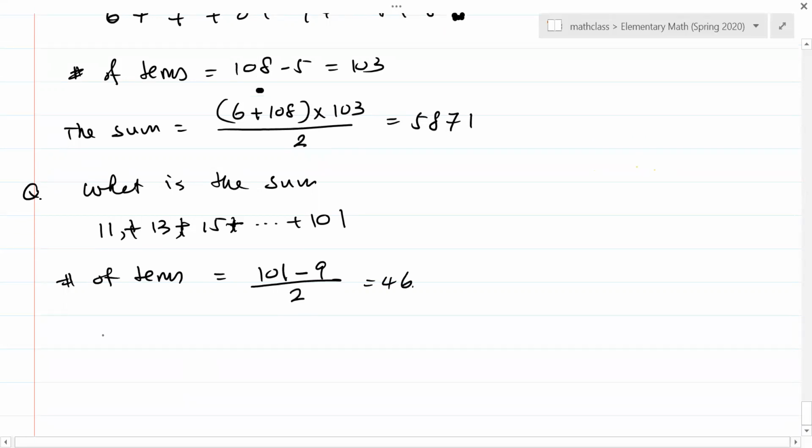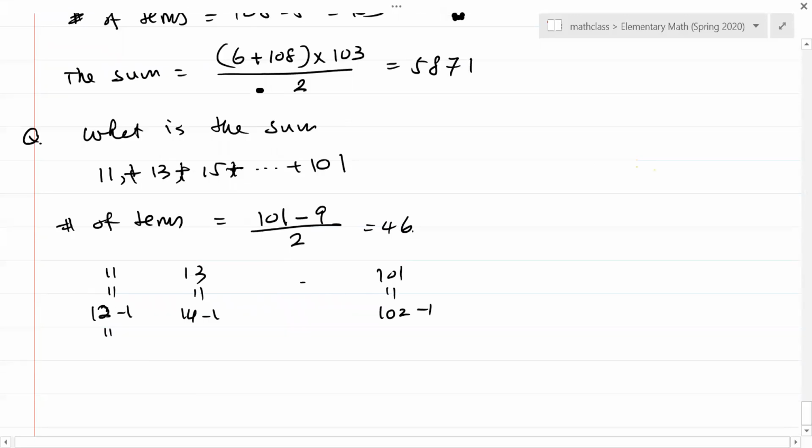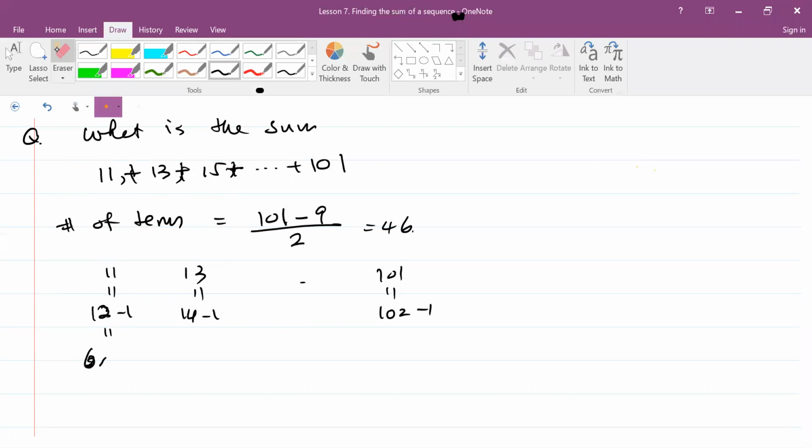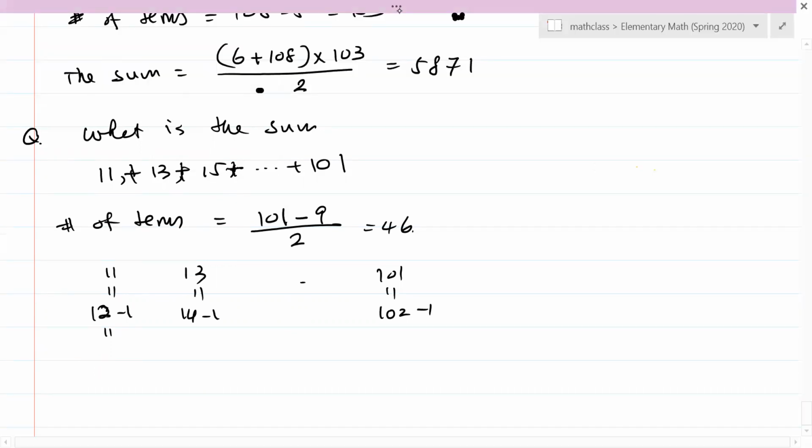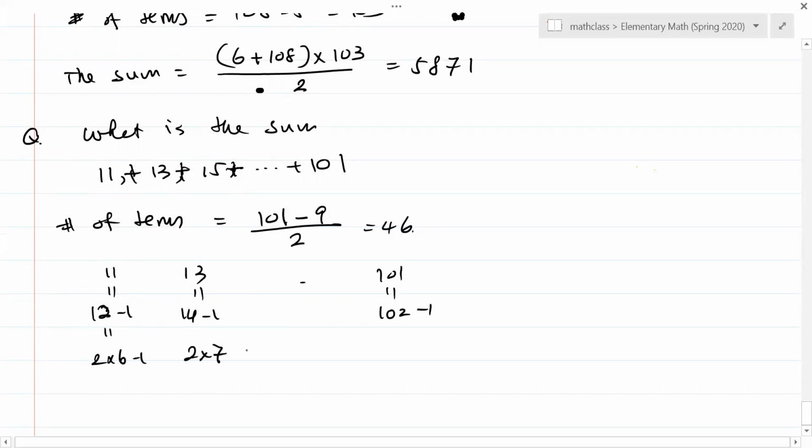Now you can also get this. 11 is 12 minus 1, right? 13 is 14 minus 1. 101 is 102 minus 1. Then each of them, 12 is 2 times 6. So it begins from 2 times 6 minus 1. Here's 2 times 7 minus 1.